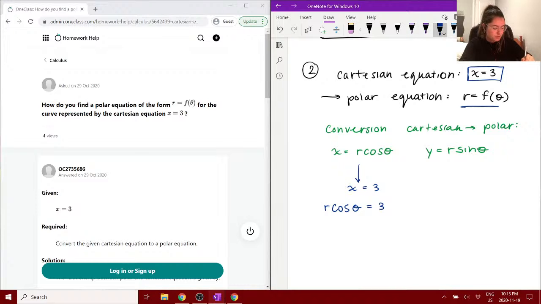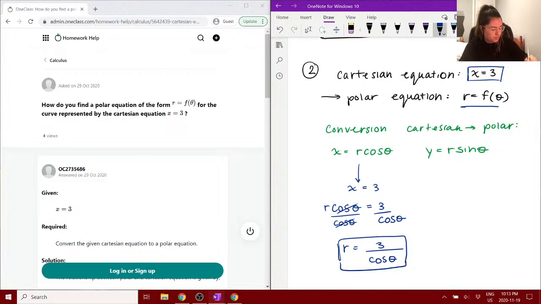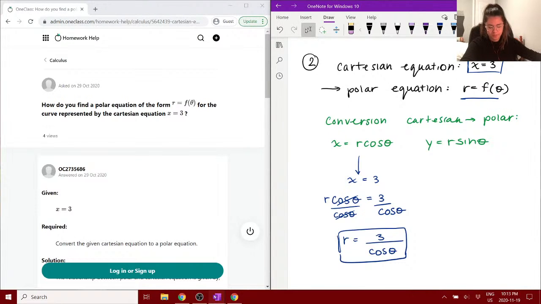So isolating for r, we divide both sides by cos theta, and these cancel out, so we get r is equal to 3 over cosine theta. And that is the converted polar equation from x is equal to 3.